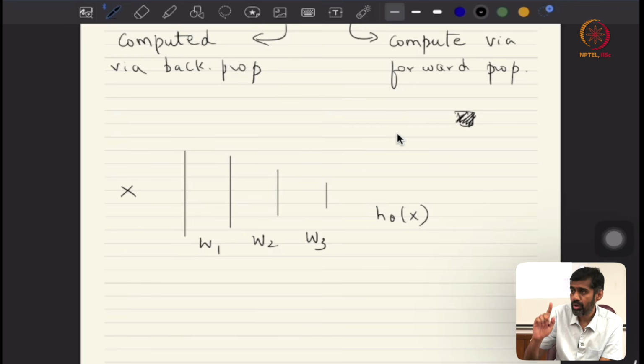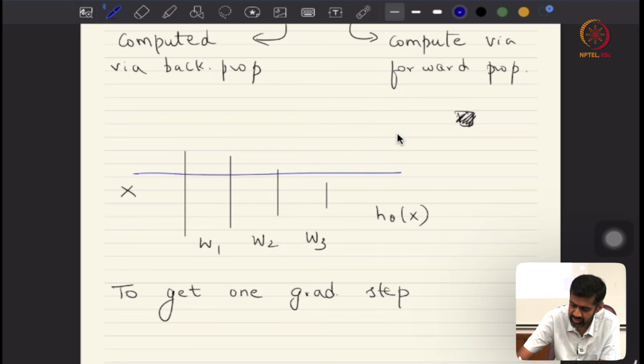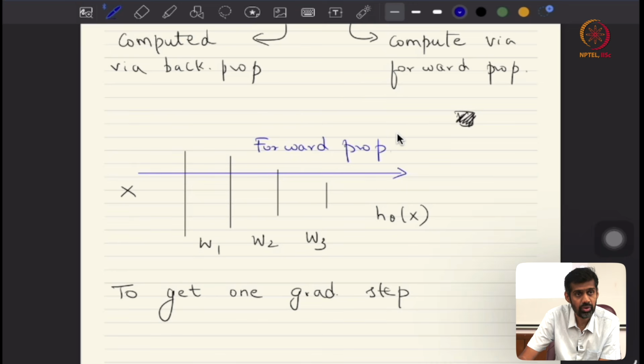Now, to get one gradient step, two things have to be done. First you do what is called a forward propagation. Why do we need forward propagation? To get AL, or the output, for that particular input.